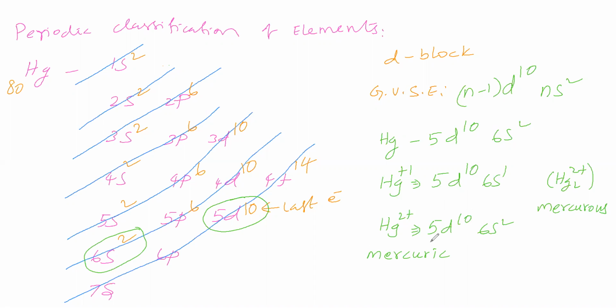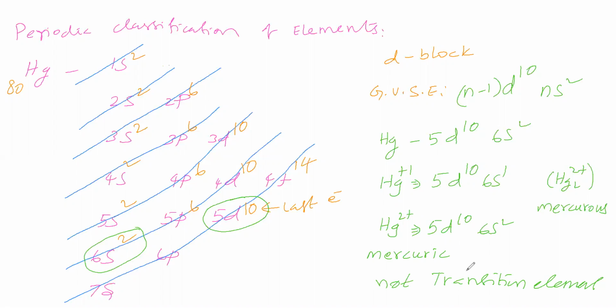That's all. So in the stable oxidation states also, the valence shell d subshell is completely filled. Therefore it is not a transition element. So mercury is not a transition element.